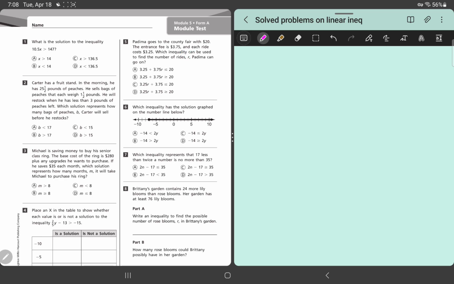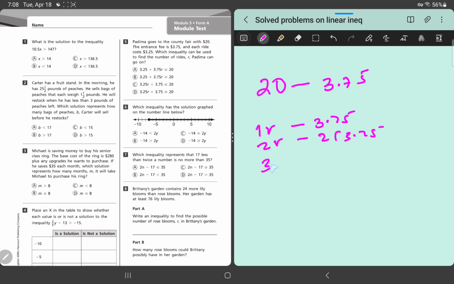So the inequality is $20 minus the entrance fee, that is 3.75, and the cost of one ride is how much? It is 3.25. Two rides is how much? It is 2 times 3.25. Three rides is how much?